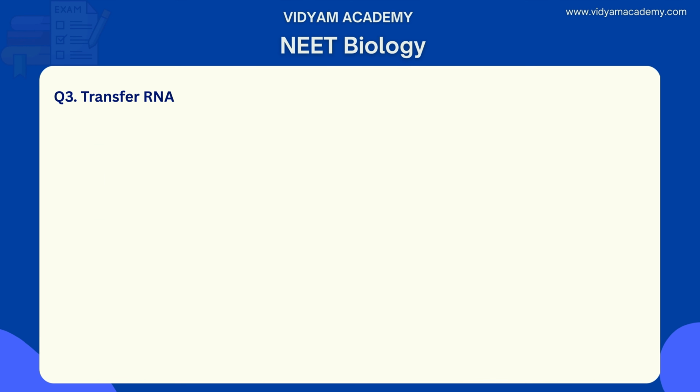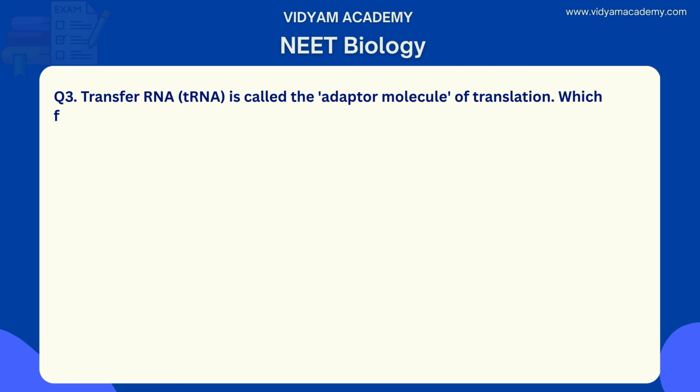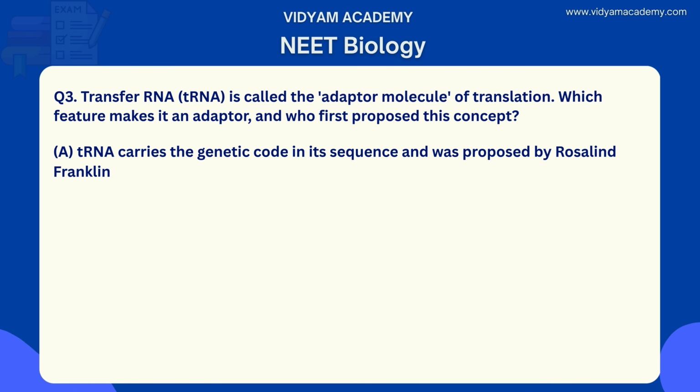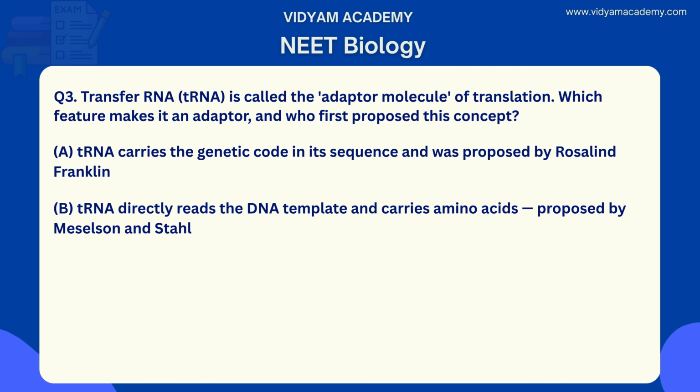Next, question number 3. Transfer RNA, tRNA, is called the adapter molecule of translation. Which feature makes it an adapter and who first proposed this concept? Option A: tRNA carries the genetic code in its sequence and was proposed by Rosalind Franklin. Option B: tRNA directly reads the DNA template and carries amino acids, proposed by Meselson and Stahl.